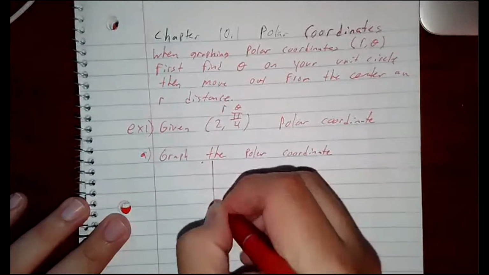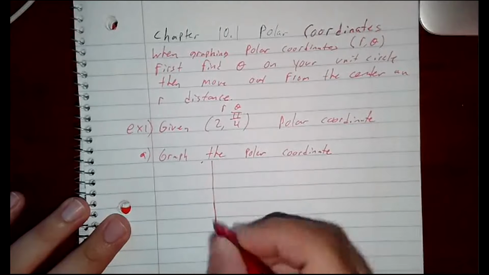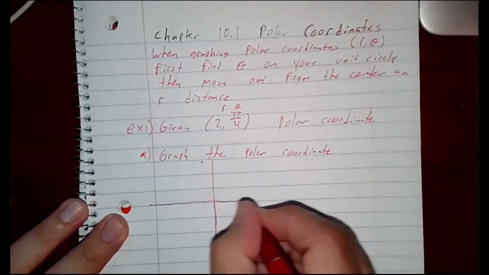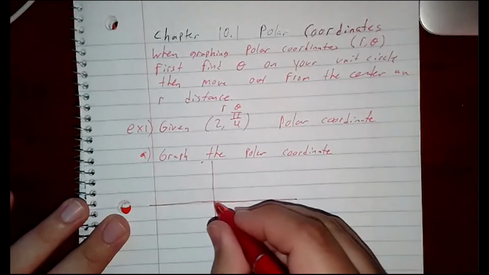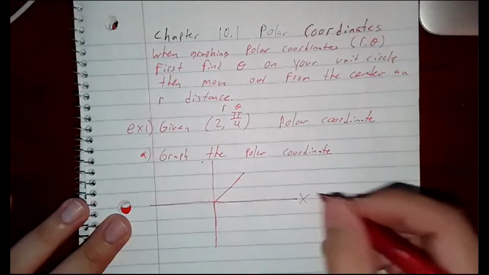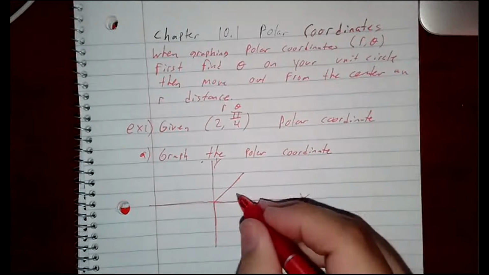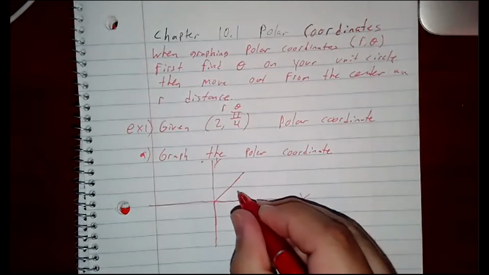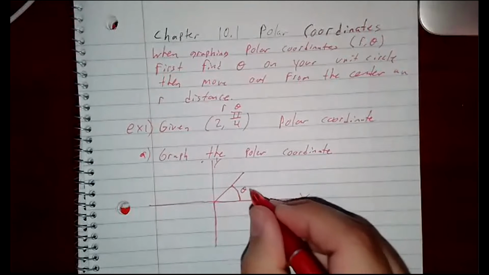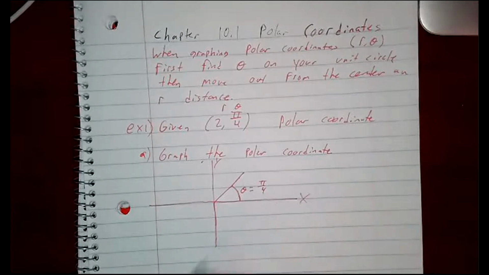So all you got to do is go to that angle, like we said. So pi over 4 we know is 45 degrees, right? So it's over here. Okay, so this is still x, y, but we're going to go out. Well, first let's sweep that angle. That's theta equal to pi over 4.